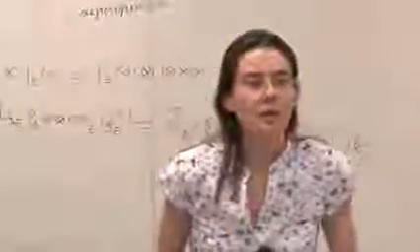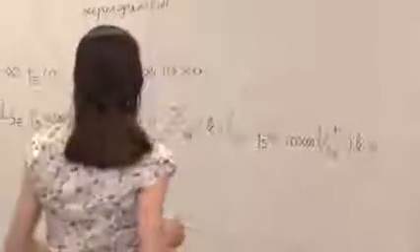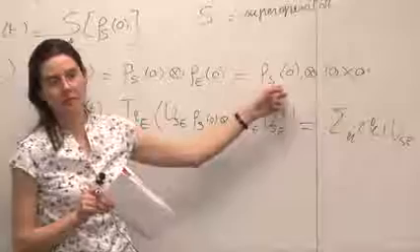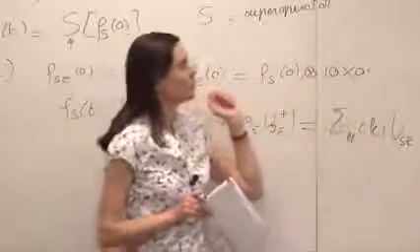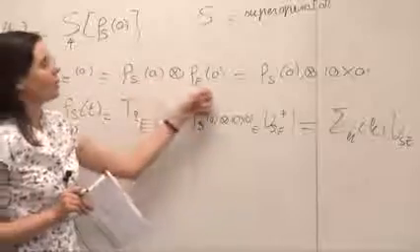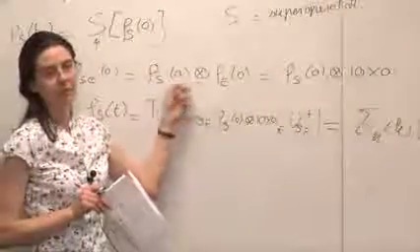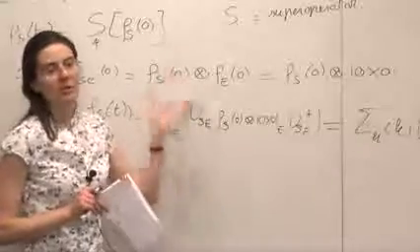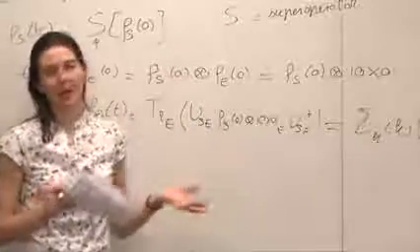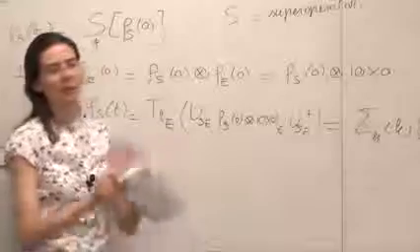So the initial state of the system doesn't have to be a pure state. I assume that initially they're in a separable state. More or less what I'm saying is that at the beginning of time, my system and environment were separate.